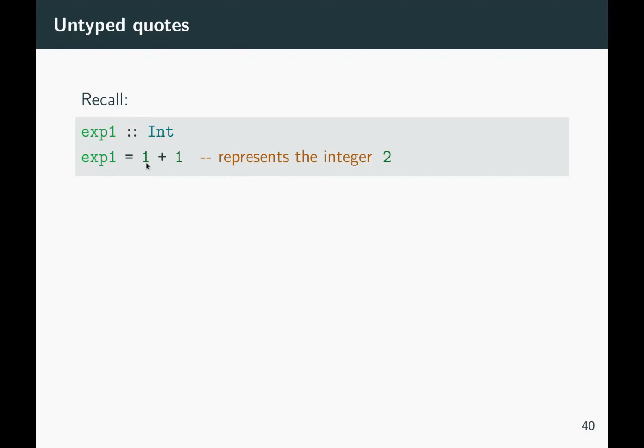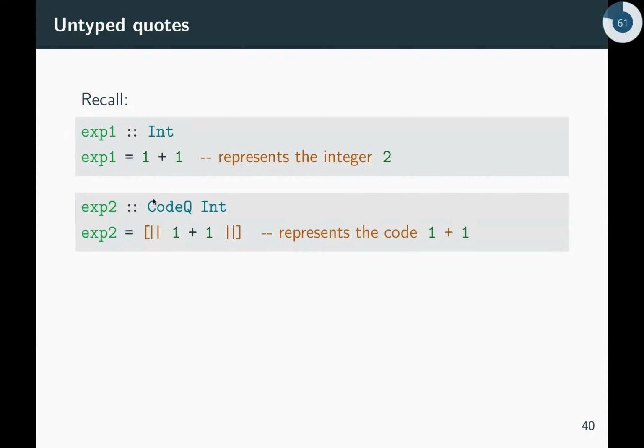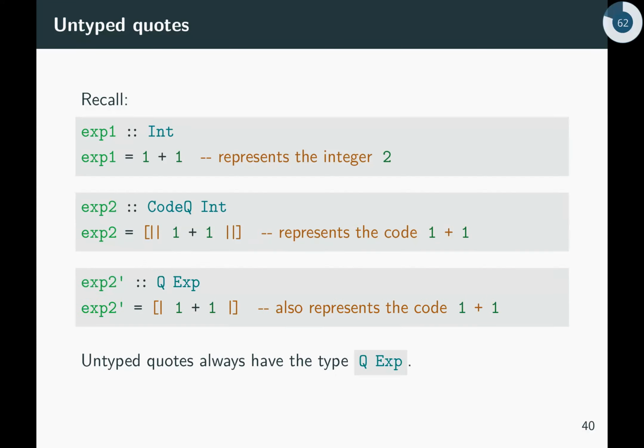We had this very first example, and then typed Template Haskell, which represents an expression of type Int. And I showed you that Q is actually a type synonym for Code Q, and Code is a newtype wrapper around Q X. So we can also do this.